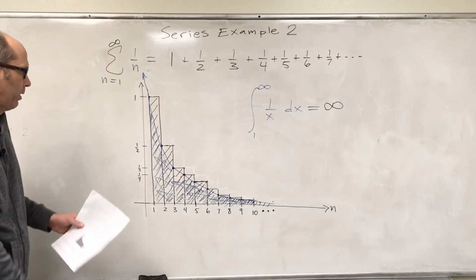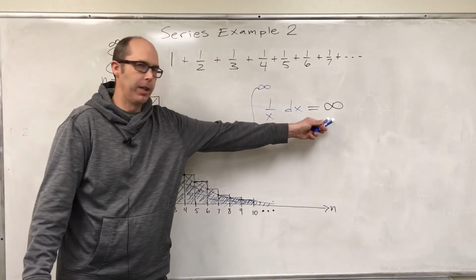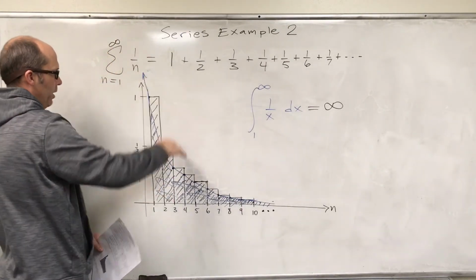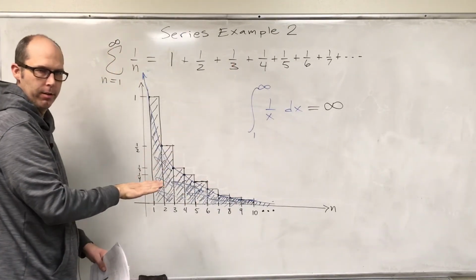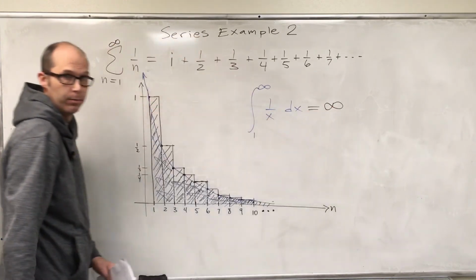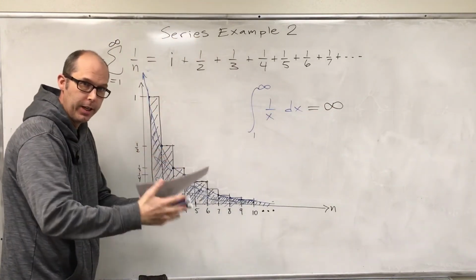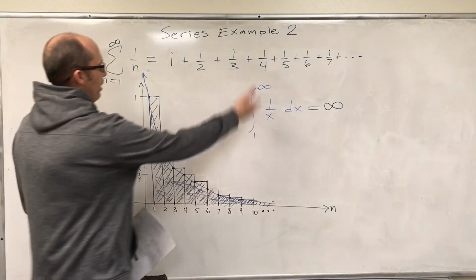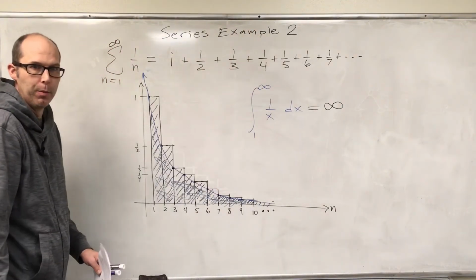So it makes sense to think if this doesn't go to anything, because this is always above that, and that doesn't narrow in on any number, it makes sense that this can't narrow in on any number.